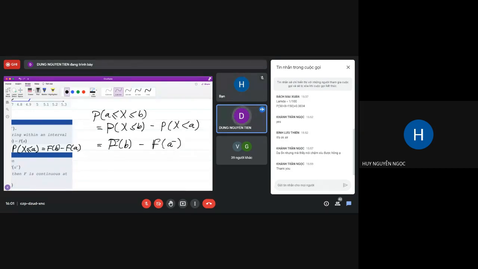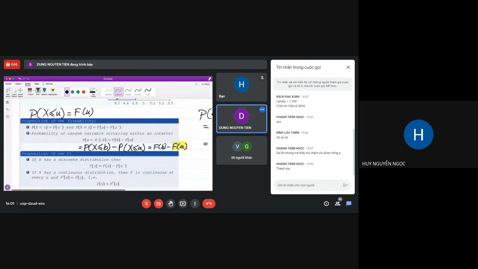So in this case, it's F of a minus. These two terms are different if F is not a continuous function. If F is a continuous function, then they are the same.